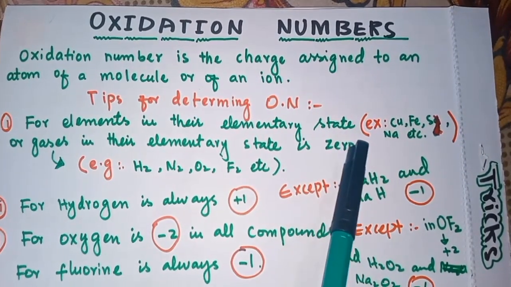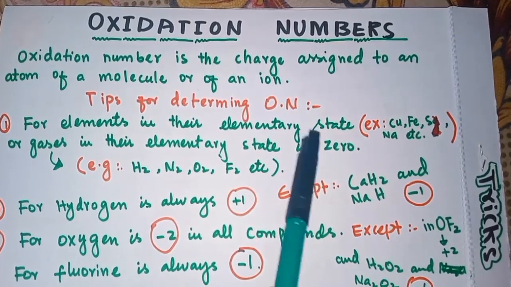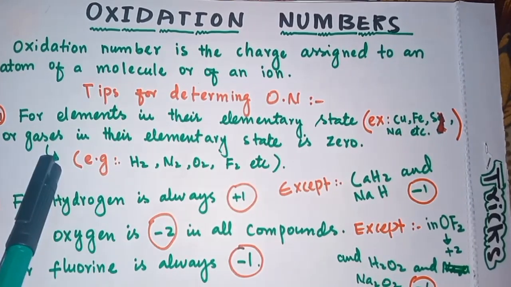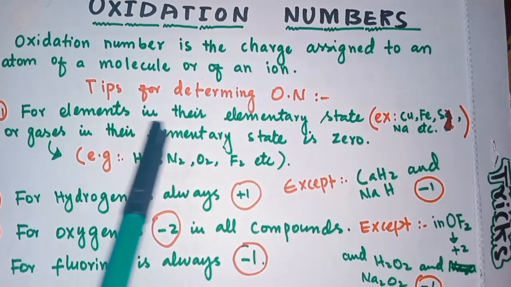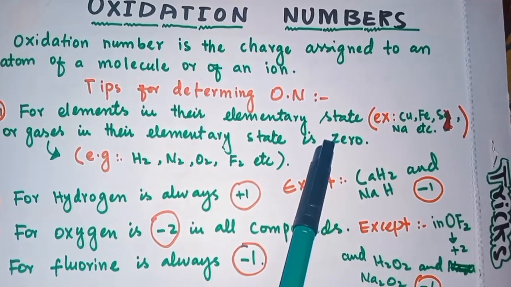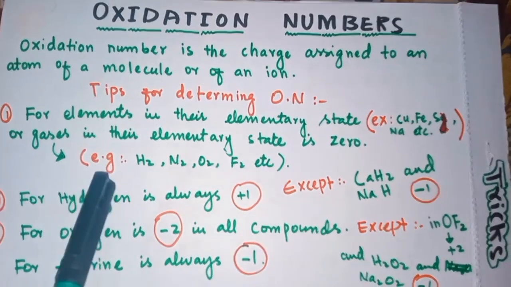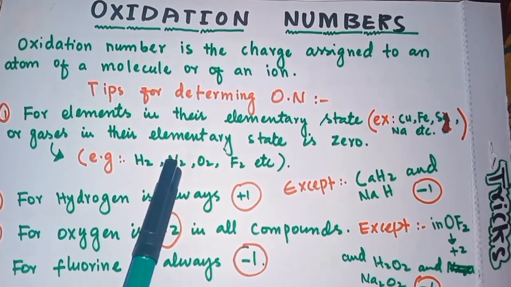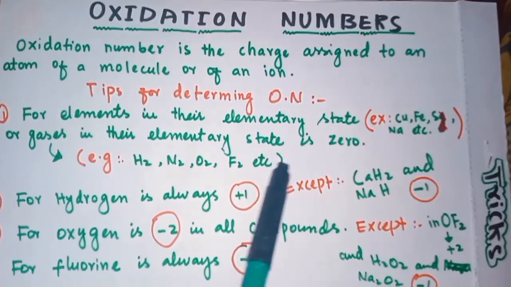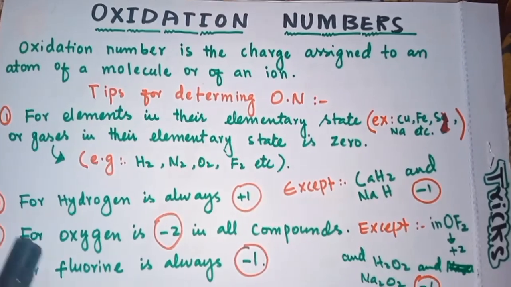All have oxidation state 0 in their natural existence. Gases in their elementary state or natural existence have oxidation state 0, like hydrogen, nitrogen, oxygen, fluorine. All have oxidation state 0.